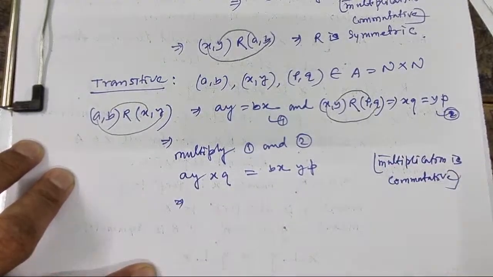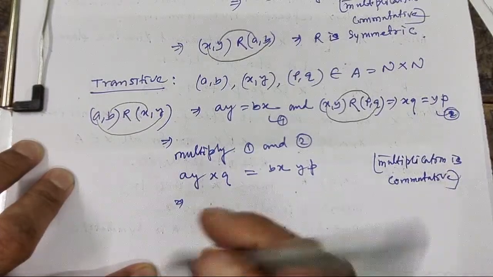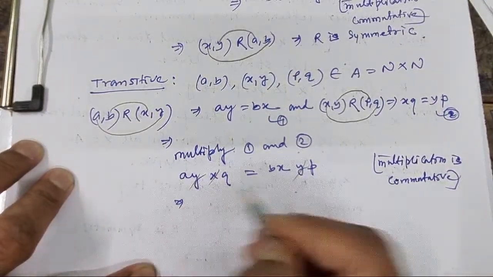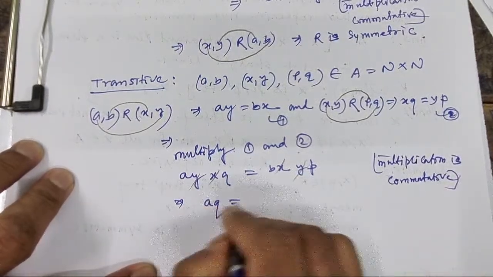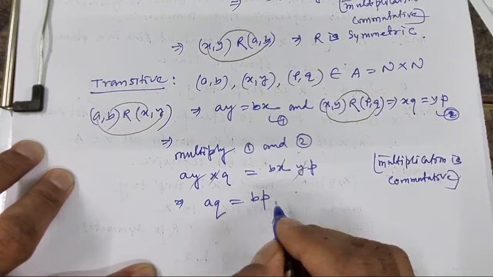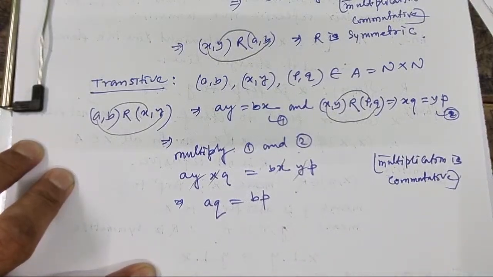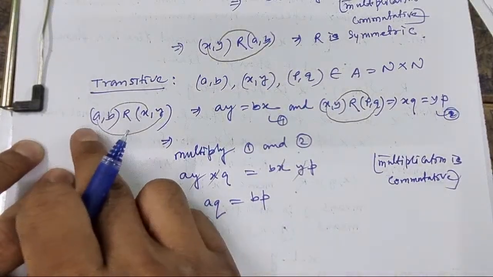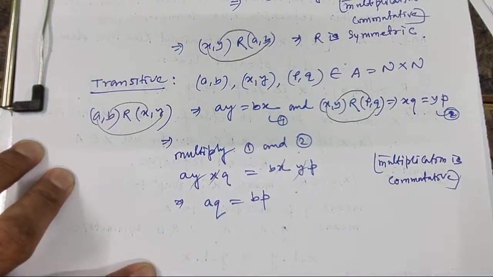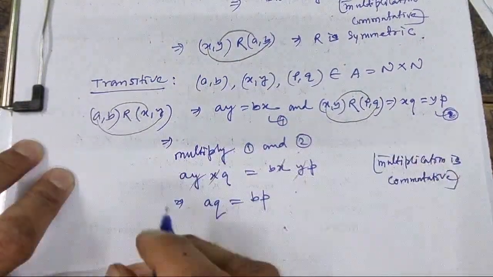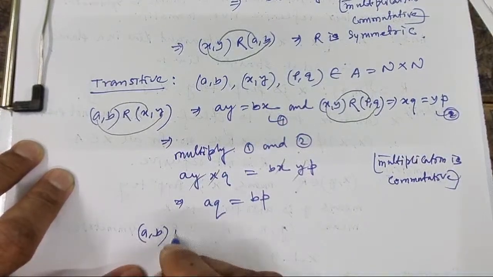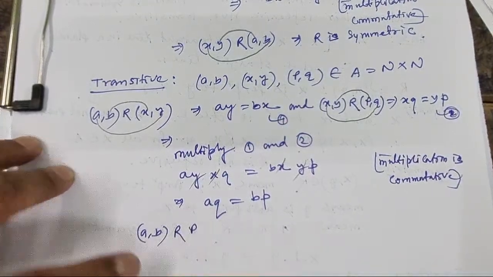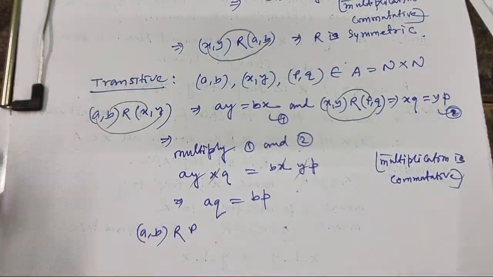If we can cancel both sides like that, check it here, what you are getting actually? aq equals bp. See here, remaining, the first is (a, b) and the second is (p, q). So aq equals bp, that means we are getting (a, b) R (p, q).